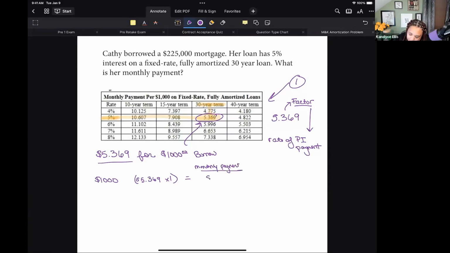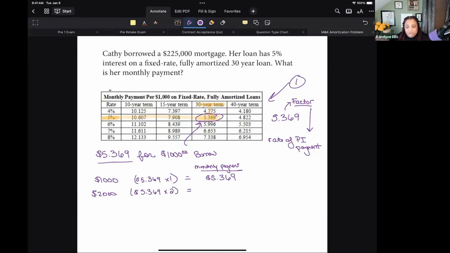So your monthly payment is going to be $5.36. Well, guess what? If you borrowed $2,000, you'd be paying $5.36 2 times. Anybody got a calculator?